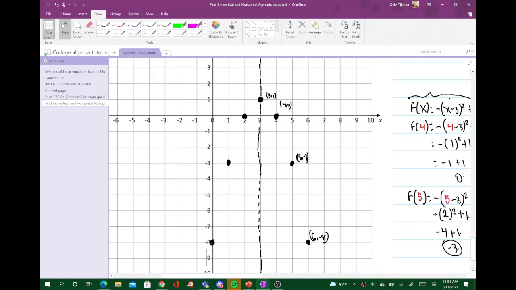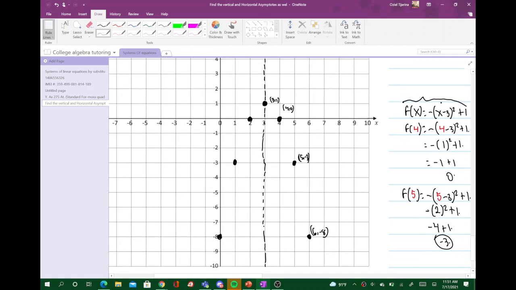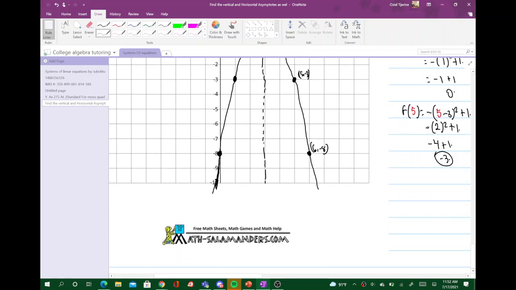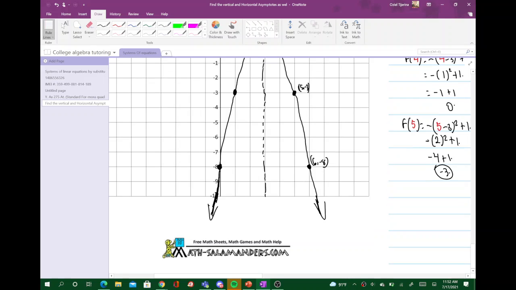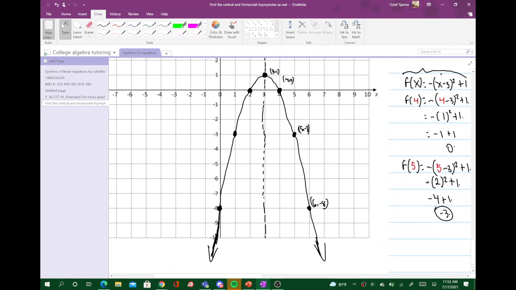And now you can draw your smooth curve. It doesn't have to be perfect, so really it's going to be something like this. As long as it's pretty accurate, you know.